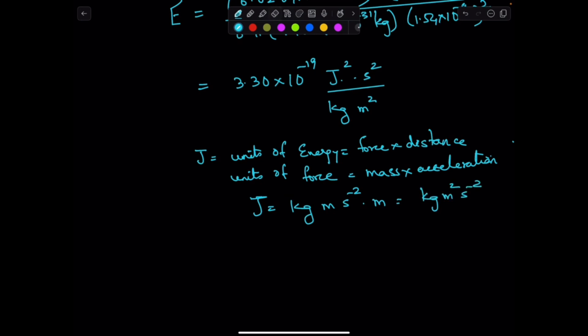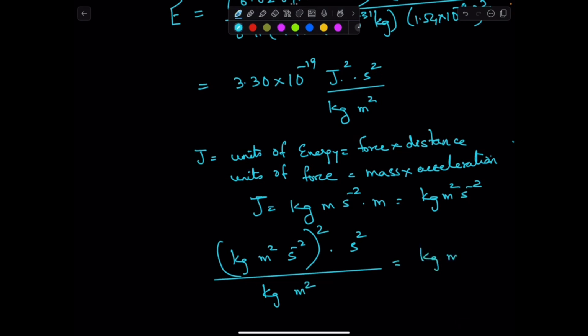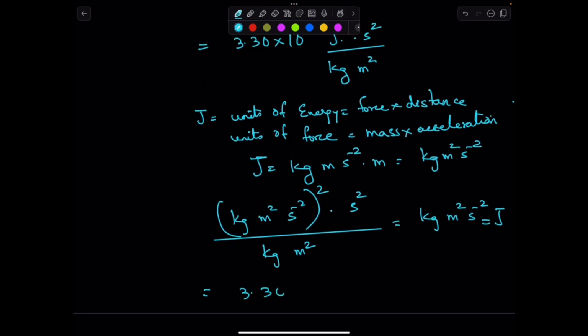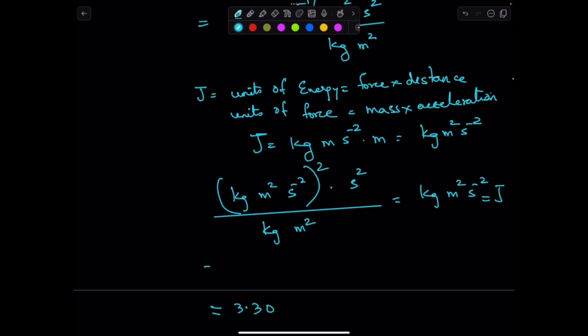Now plugging this in, we get kilogram meter squared per second squared, the whole square times second squared divided by kilogram meter squared. This gives us kilogram meter squared per second squared, which is the unit of joule. So we get 3.30 times 10 to the negative 19 joules.